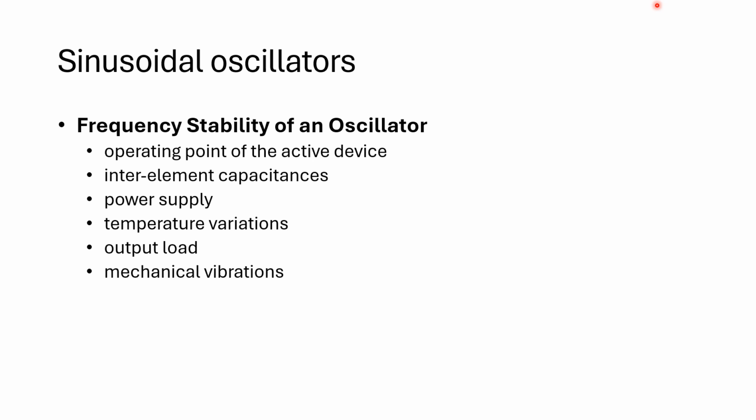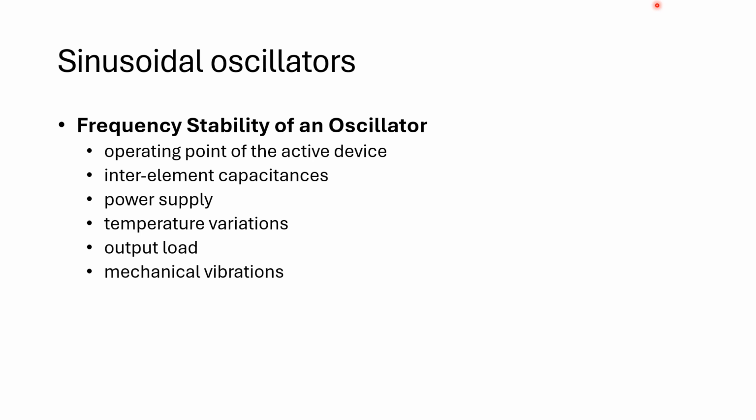Next, temperature variation. As we know from our previous discussions, varying temperature causes changes in transistor parameters. Having changes in transistor parameters will affect the frequency stability of our oscillator.